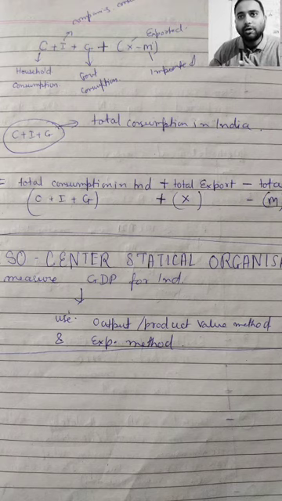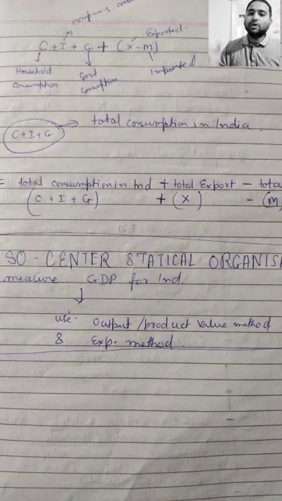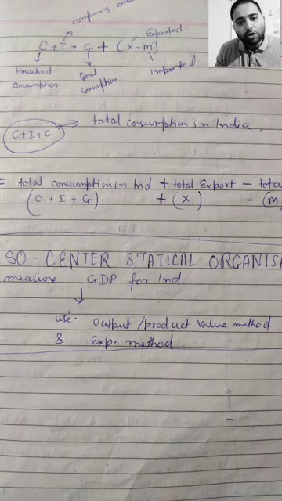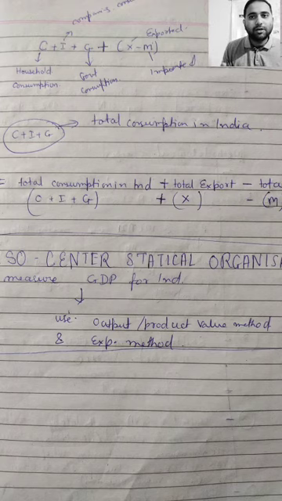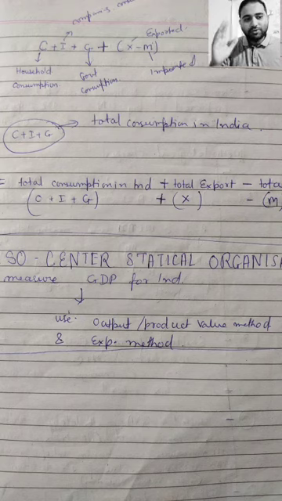So export minus import, because we are purchasing the services of some other countries, we import. We are purchasing the products of another country, that is import, right? So total consumption of the country plus export minus import. It's simple. Total consumption of India plus export minus import gives the value of GDP by expenditure method.